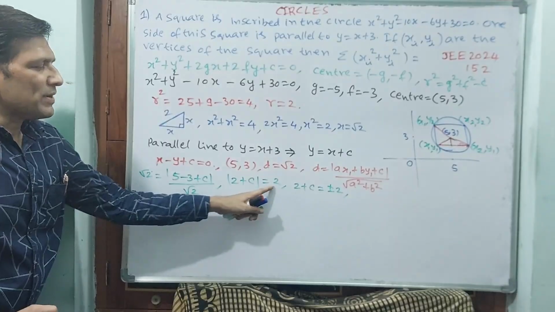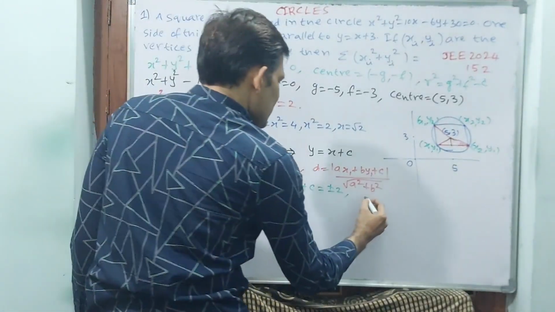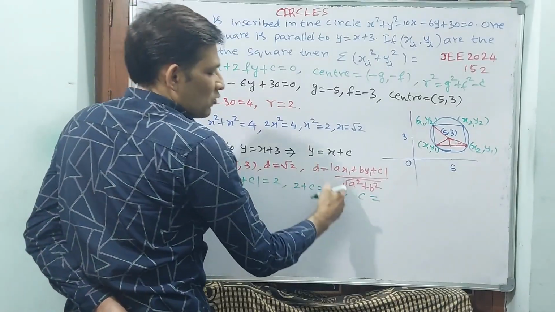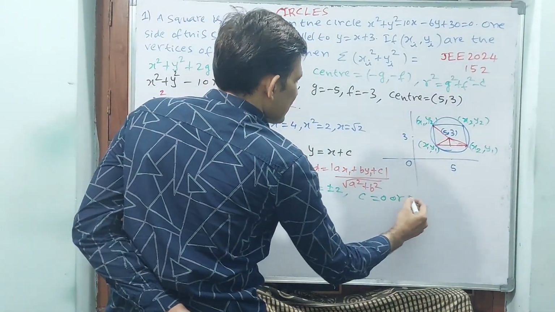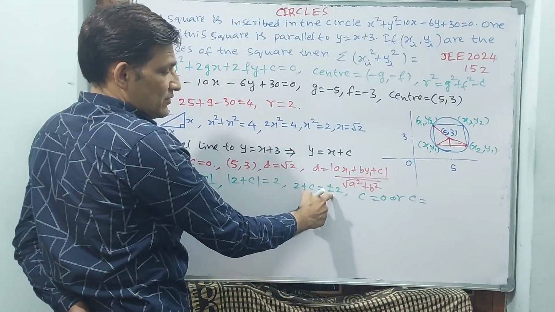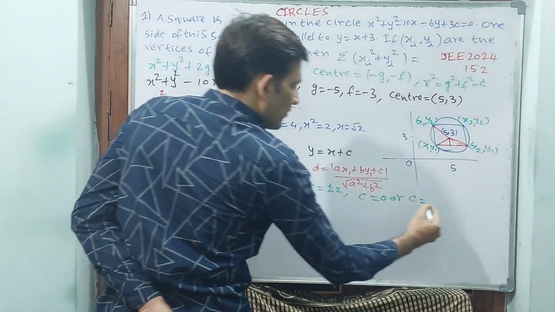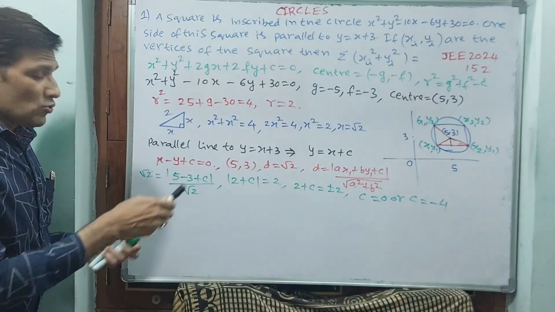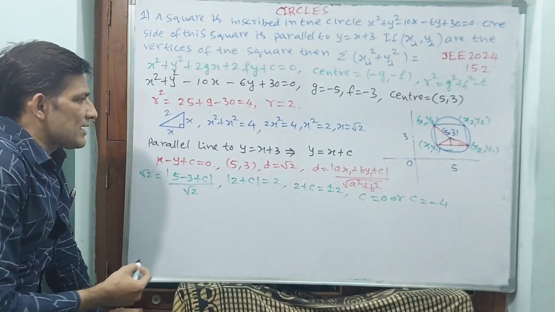Modulus, if I want to remove it, I have to keep plus or minus. That means c may be, if it is plus 2, 2 minus 2, 0, or if it is minus 2, c is equal to minus 4. So two equations we are getting. What are those equations?